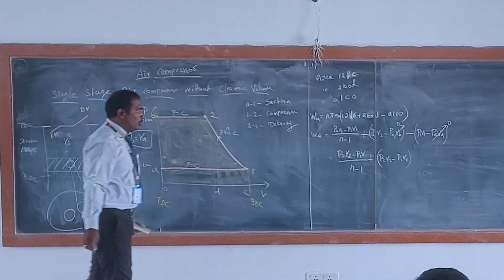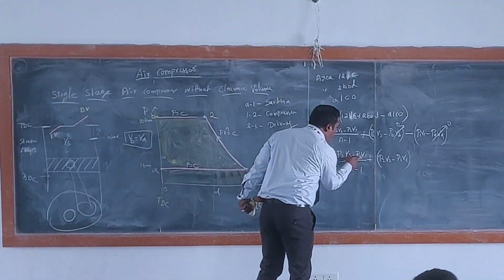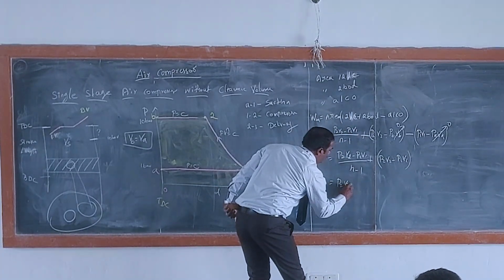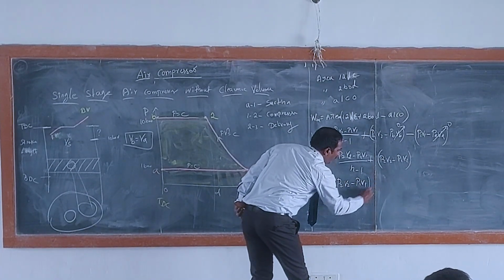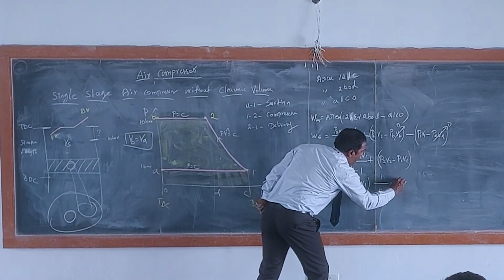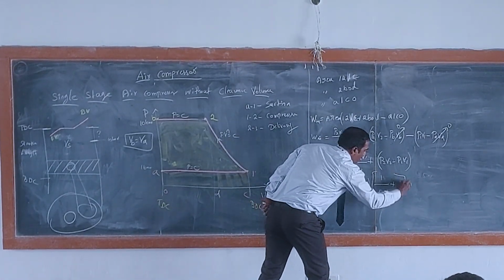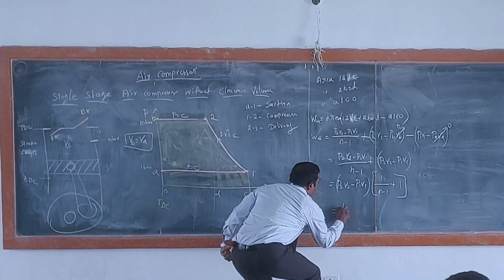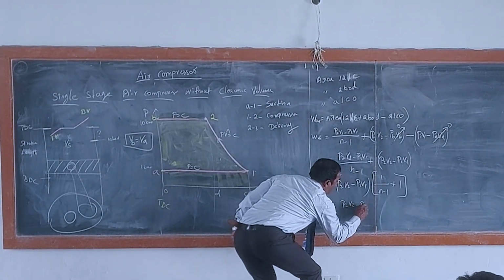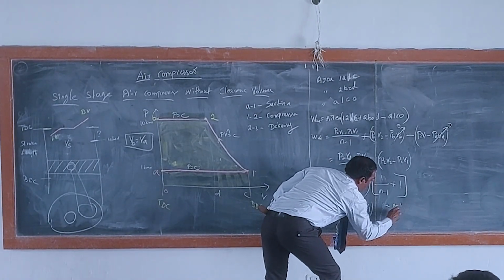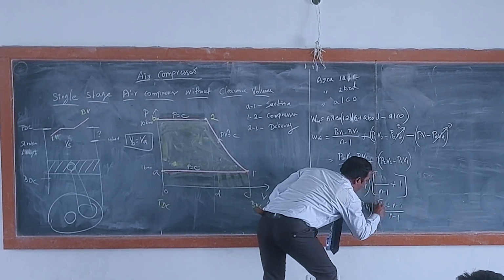No. Now same P2 V2 minus P1 V1, we will take outside with the bracket. Here we will take 1 by n minus 1 plus 1. Do LCM. What we have? P2 V2 minus P1 V1 times 1 plus n minus 1 divided by n minus 1.